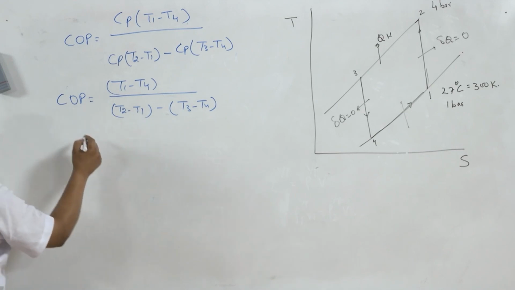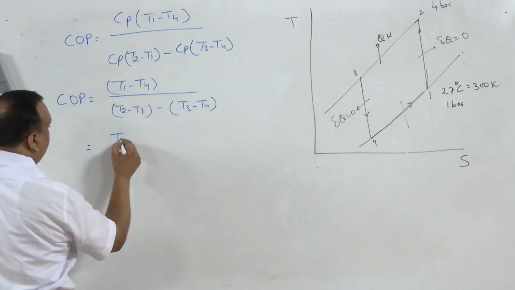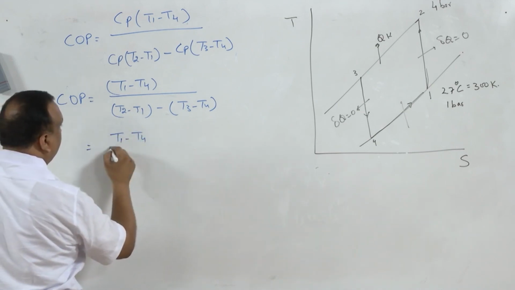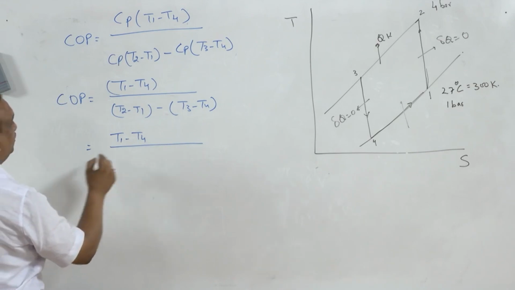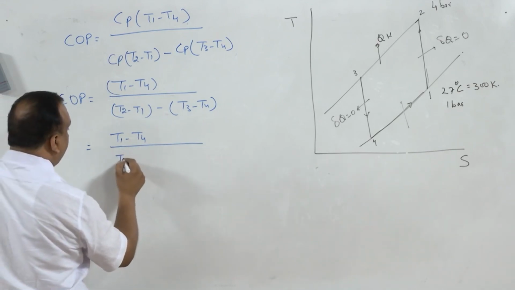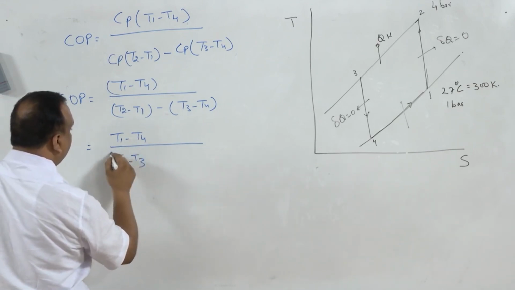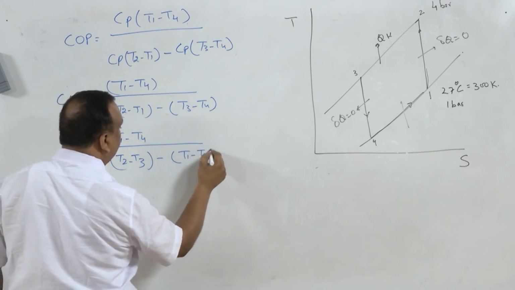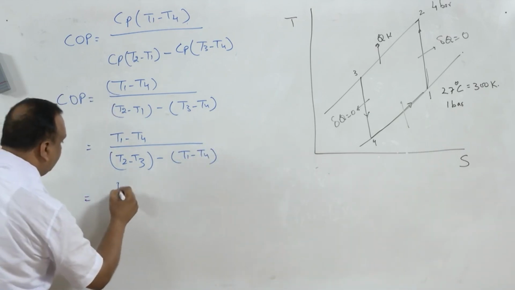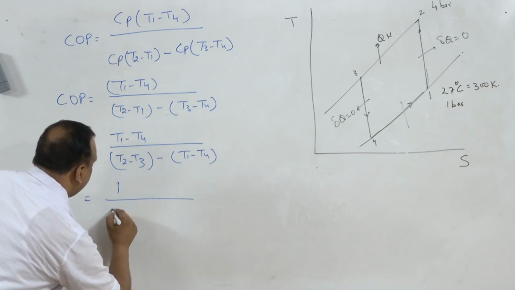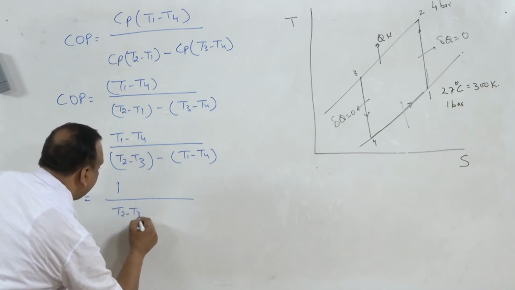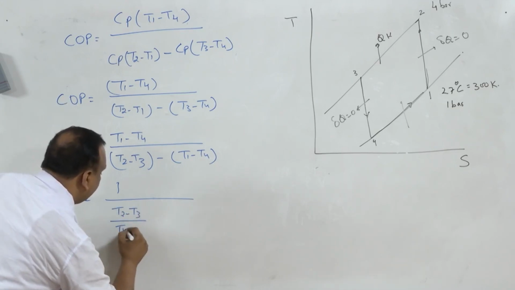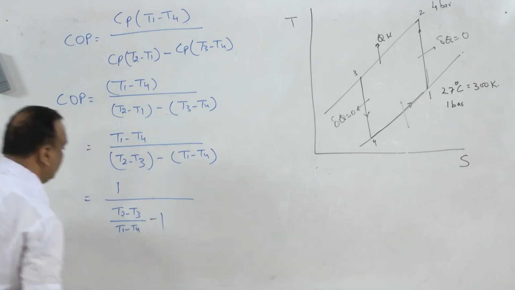If we rearrange these terms, the denominator (T2 minus T1) minus (T3 minus T4) is (T2 minus T3) minus (T1 minus T4), so COP is equal to 1 over [(T2 minus T3) divided by (T1 minus T4) minus 1].